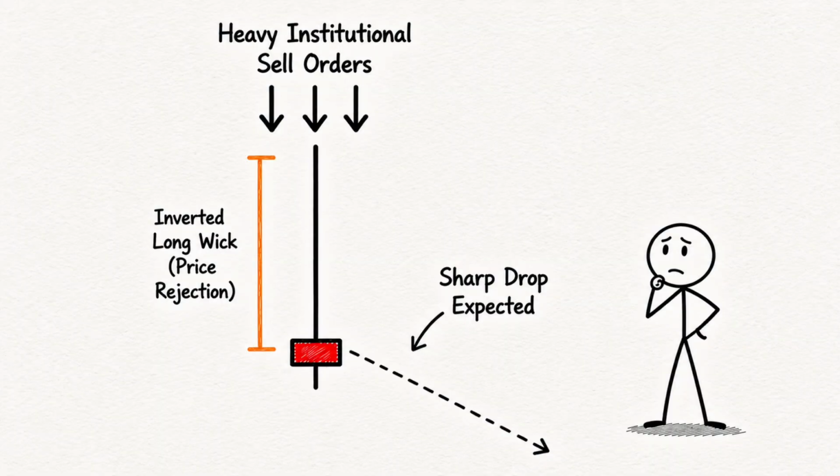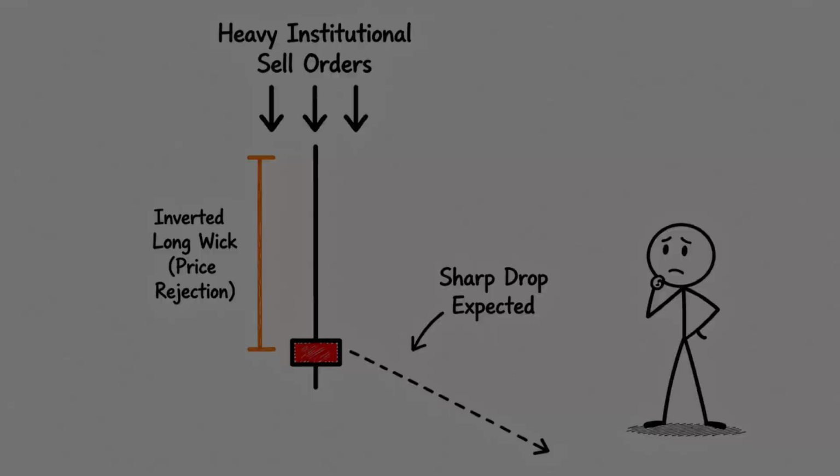The sellers punched in such heavy orders that all the bullish momentum was instantly killed, and the price was forced to close near the lows. This inverted wick is a massive red flag that the buyers are exhausted, and we could see a sharp drop or a major reversal from this point.